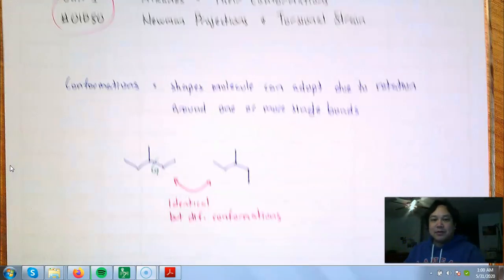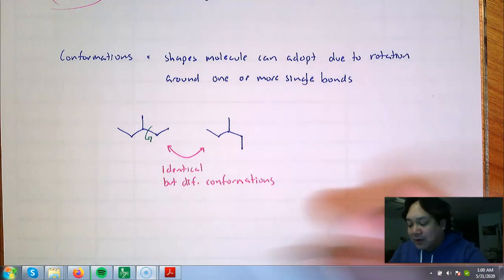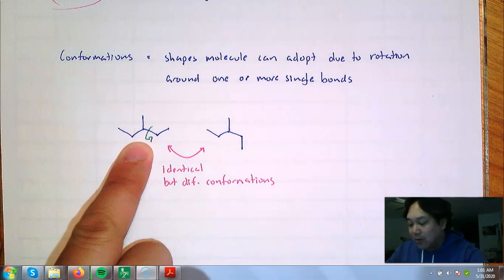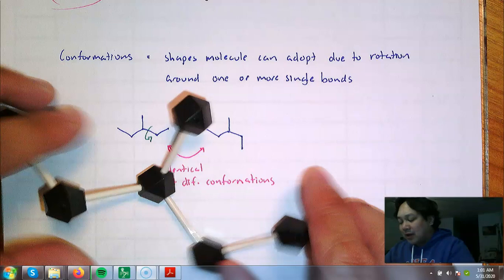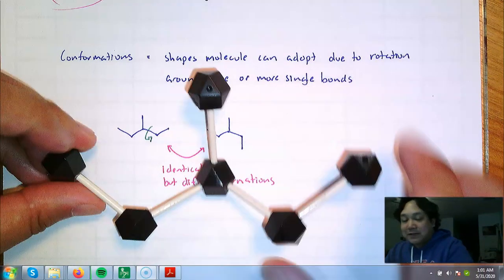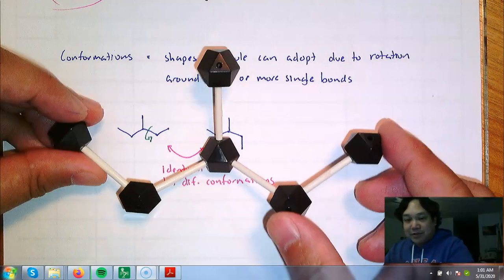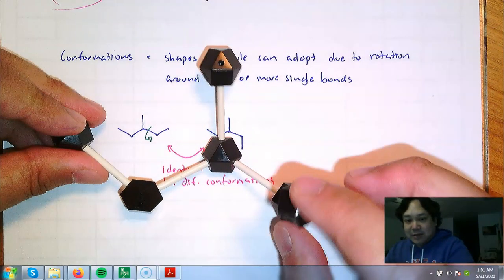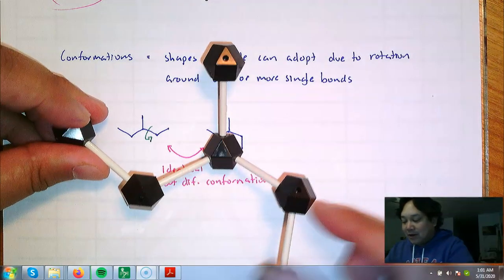That's important to understand because if I ask someone to draw me 3-methyl pentane, I should be able to interpret whether that drawing is correct, whether it looks like that or whether it looks like that, etc. Now, if I'm just twisting along a single bond to get a new conformation, that's one conformation there, that's another conformation there, that's another conformation there.